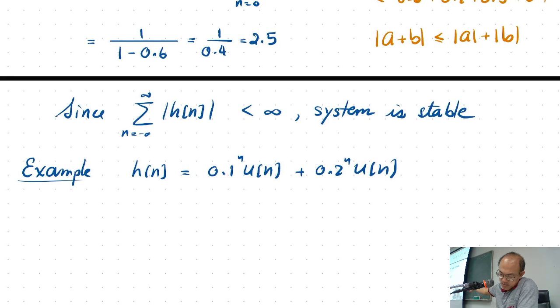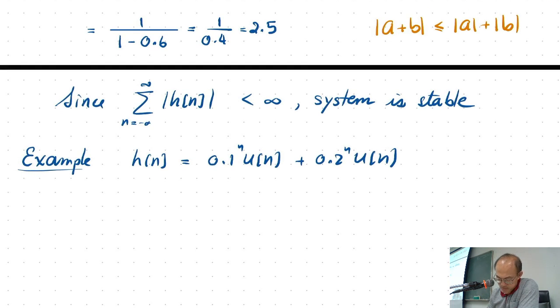This is of course causal and has memory, so I don't have to think about it. The question remains whether it is stable or not. To check stability, I simply need to check this sum.